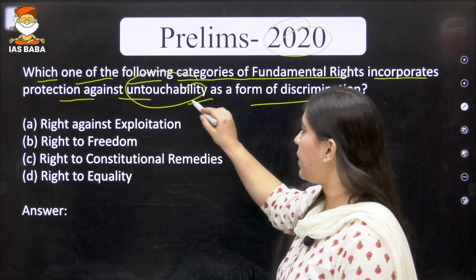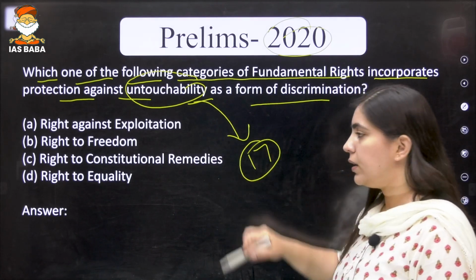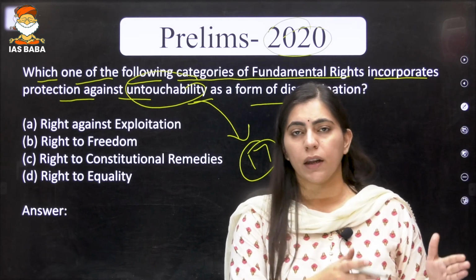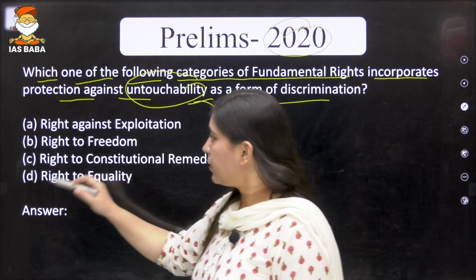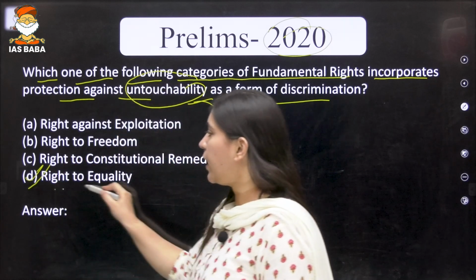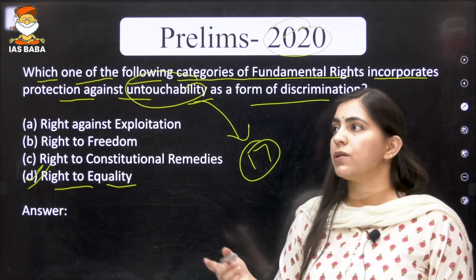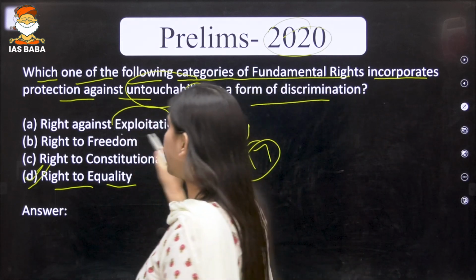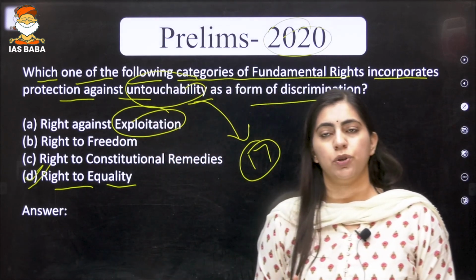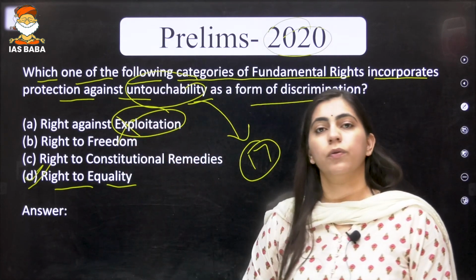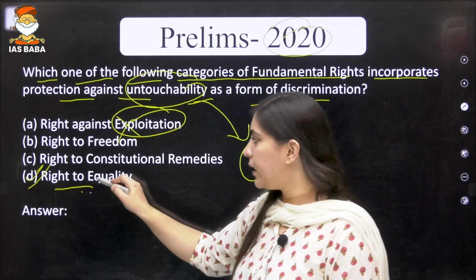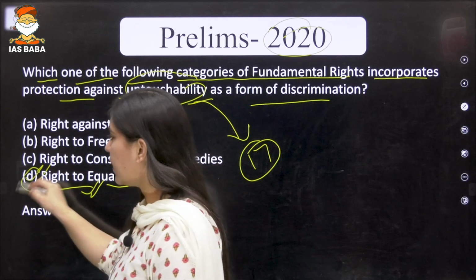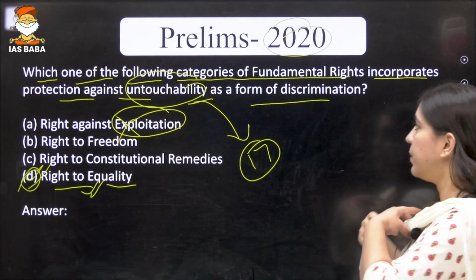You should first remember the article number, that is Article 17, and the right to equality expands from Article 14 to Article 18. So the correct answer is right to equality. Many a time, just by looking at the word untouchability, our mind says that it is right against exploitation. But it is not a part of right against exploitation; it comes under the right to equality. So keep this in mind, and the correct option is option D.